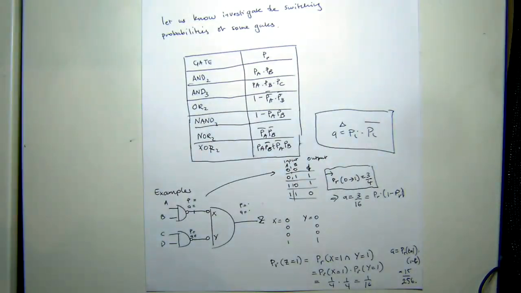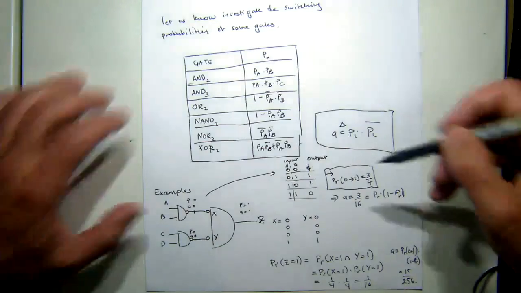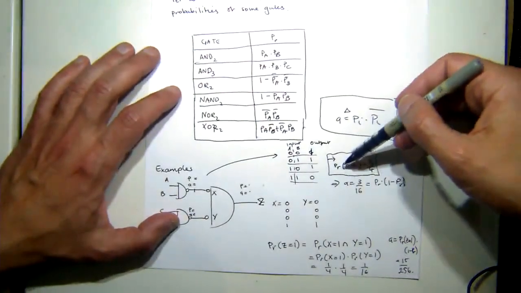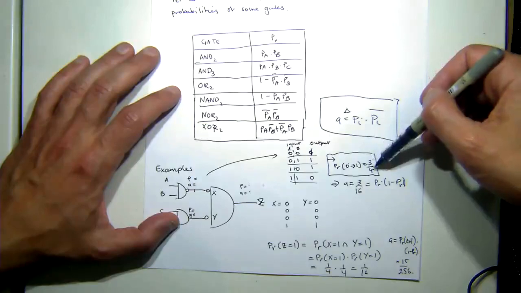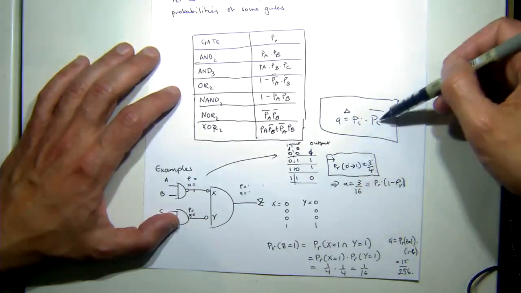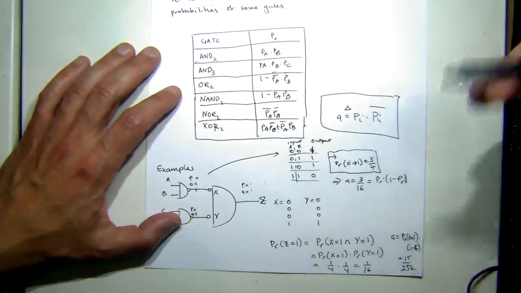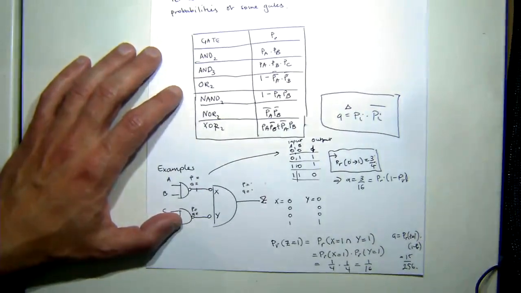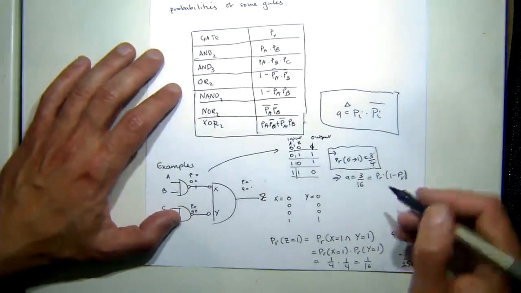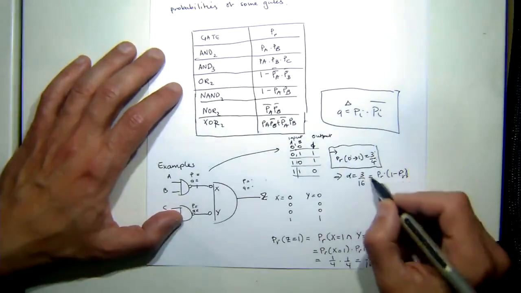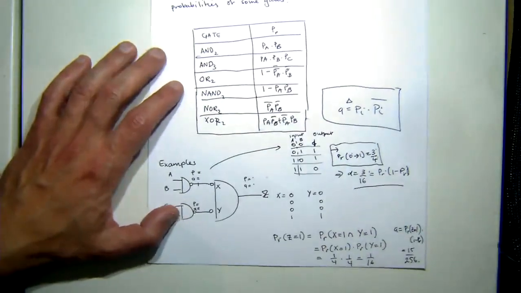So if the probability of going from a 0 to 1 transition is 3 on 4, what's pi bar? A quarter, yes: 1 minus 3/4 equals 1/4. So therefore the activity factor is 3/16.